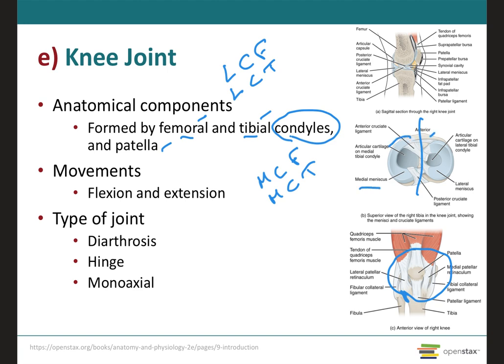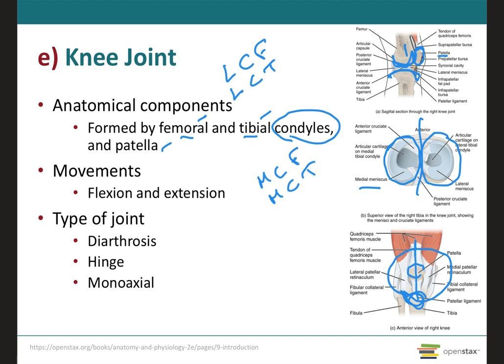Therefore, this would be your medial condyle, this would be your lateral condyle, and the femur sits right on top of the tibia. And we can also see how the patella is going to be articulating only with the femur at the patellar surface, but it will be encased in this tendon of the quadriceps femoris muscle that will then insert right over here on the tibial tuberosity of the tibia.